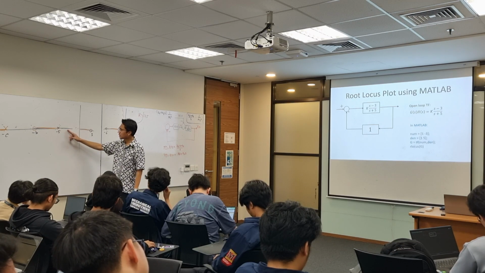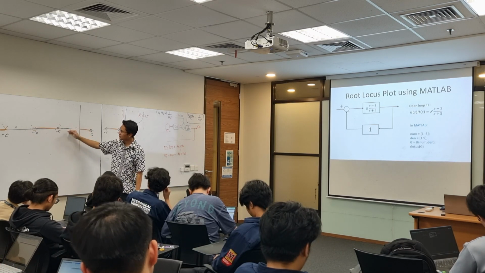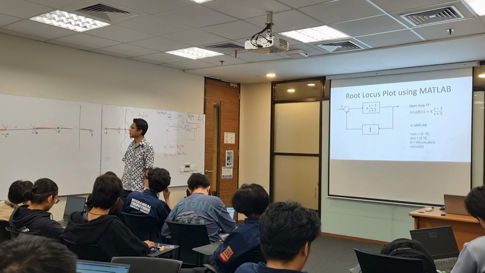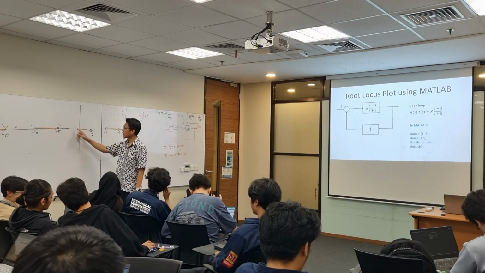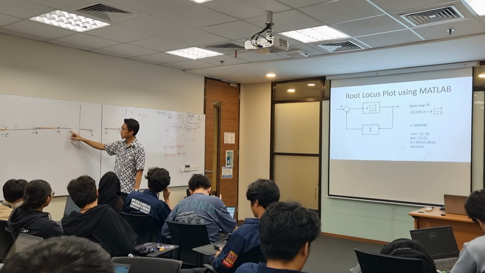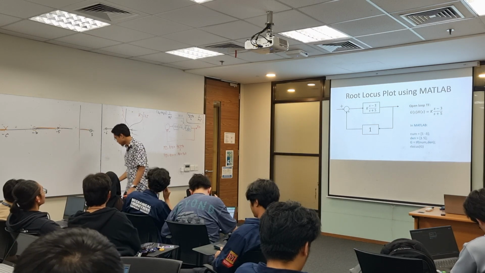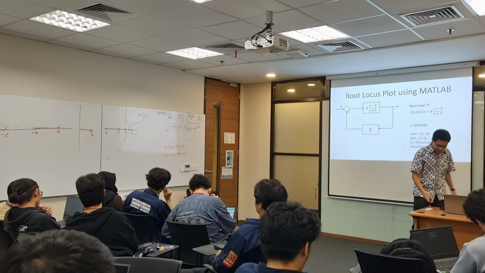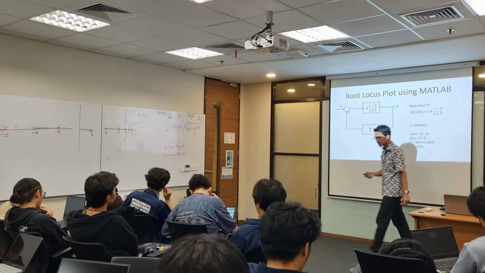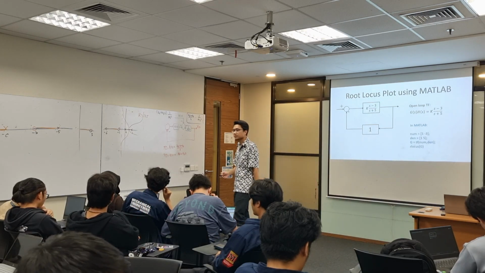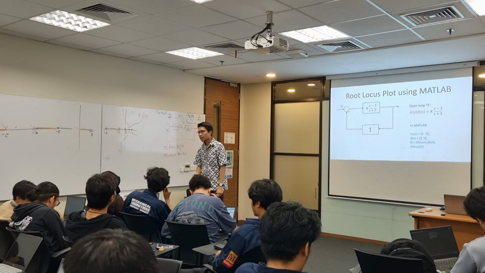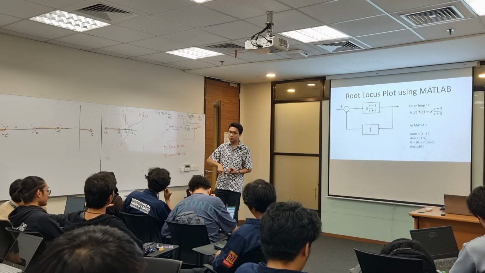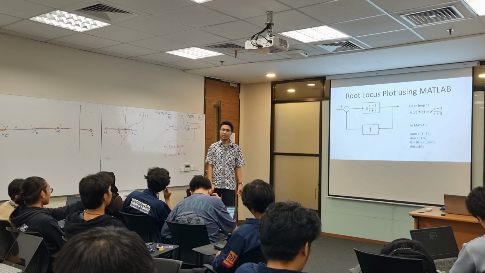If I add another pole in here, the root locus will stay here, even closer. If there is a zero over there, let's try some other time, not now. So the root locus goes from the poles to the zeros, or from the poles to the asymptotes.